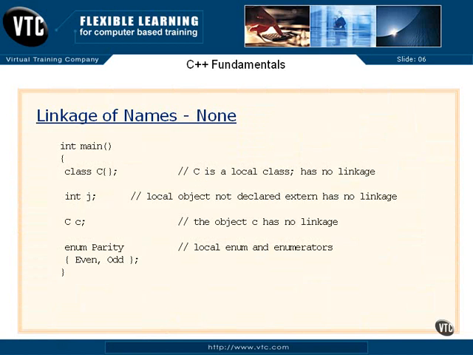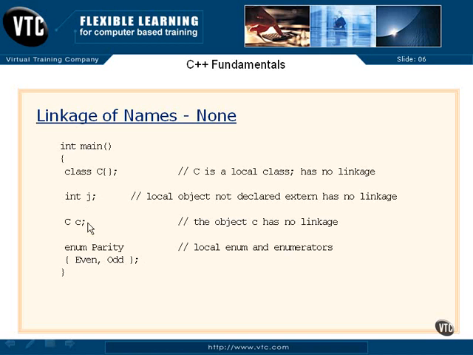And here's no linkage. There we have our little integer main, and we have a local class called C, and it is a local class. There's no way to get to it by the other translation units. It needs to be declared outside of main, outside that function, if we want to be able to see it in the other translation units. And int j is another local object with no external reference, no way for another translation unit to get a hold of it.